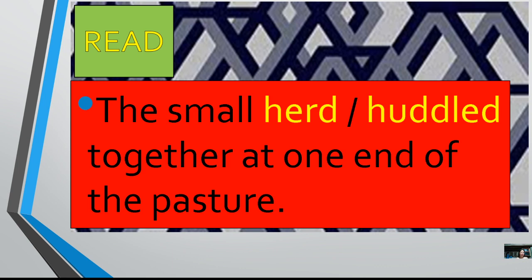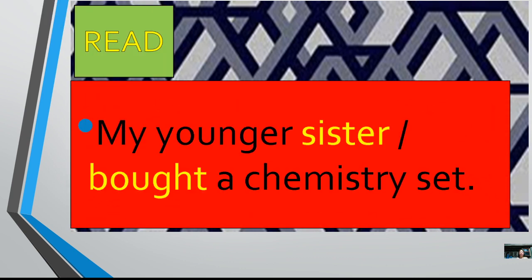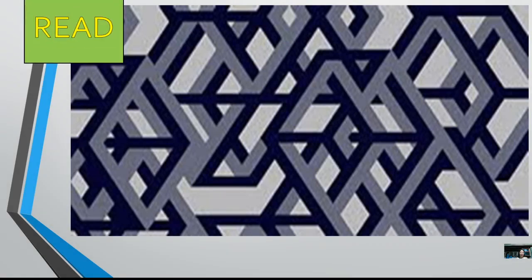Now, the small herd huddled together at one end of the pasture is sentence number 1. Let's read them together. The small herd huddled together at one end of the pasture. Next, sentence number 2. My younger sister bought a chemistry set. Number 3.